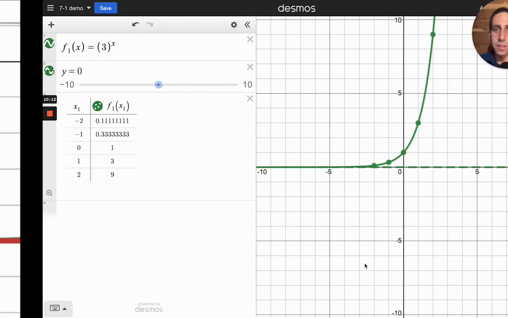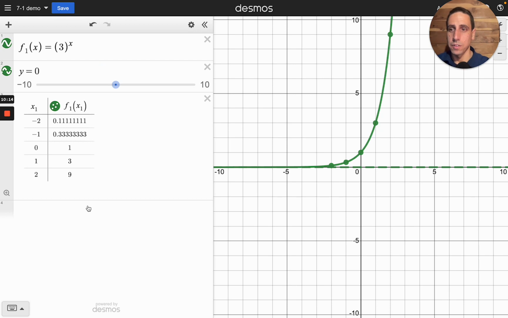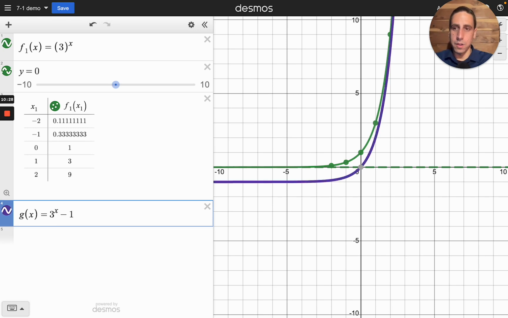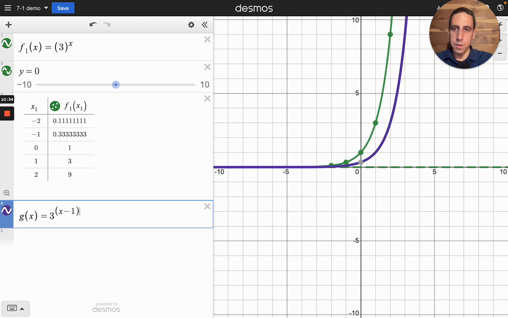What does that look like here? I'm going to do the same thing. I'm going to just compare, we'll call it g of x. g of x is equal to 3 raised to the x minus 1, parentheses x minus 1. You can see here it is 1 unit over.